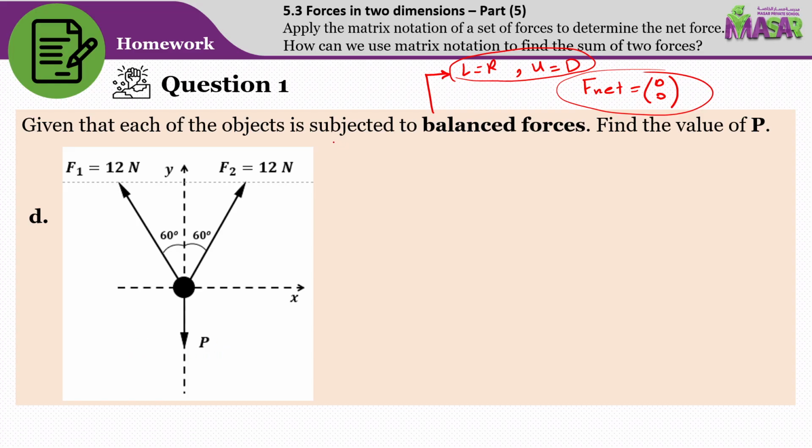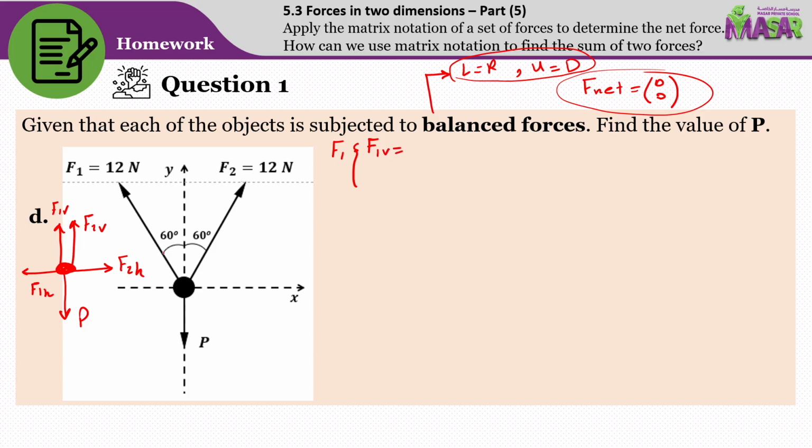So let me decompose them for you. F1, first let me make a small sketch for the resultant decomposition. So for F1, we have F1V and F1H, as well as for F2, we have F2V, F2H, and P. So for F1, we have F1V.